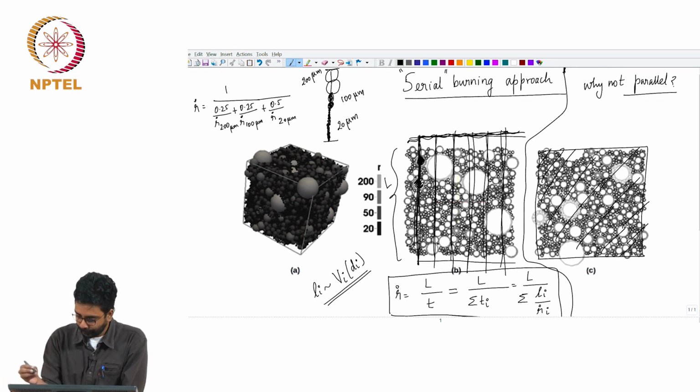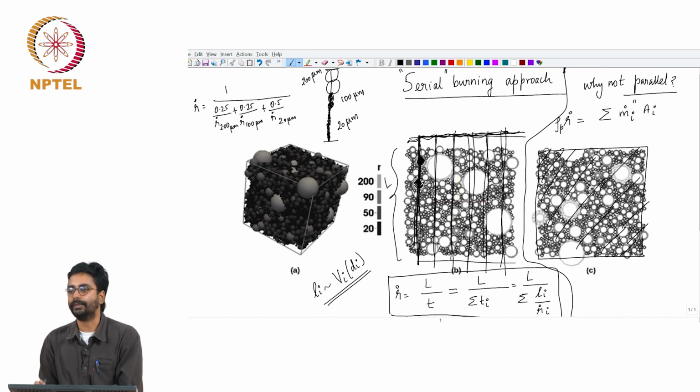Here the burn rate of the propellant or the mass flux coming out of the surface, rho p r dot, will be the sum of the mass burn rate of particles of different sizes, mass flux multiplied by the area, the surface area of each one of these particles, okay, divided by the total area. This will be the mass flux.